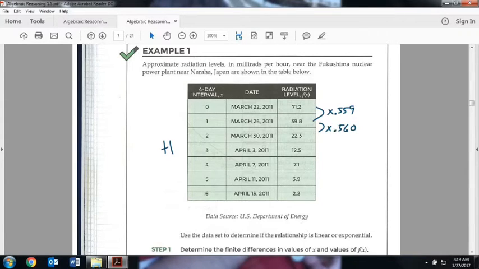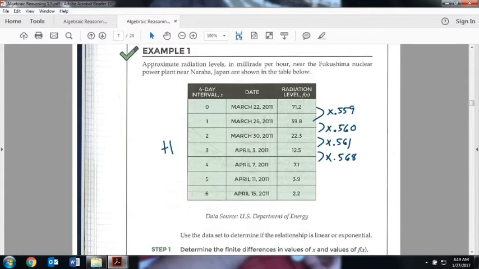Yeah, that's much closer. 12.5 divided by 22.3, we get 0.561. Good. 7.1 divided by 12.5, we get 0.568.